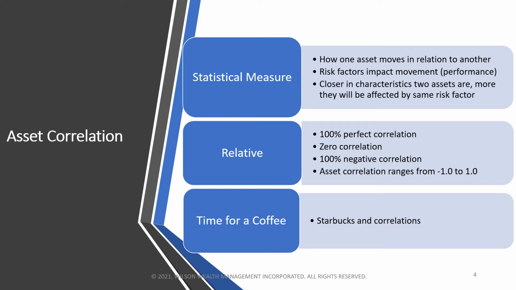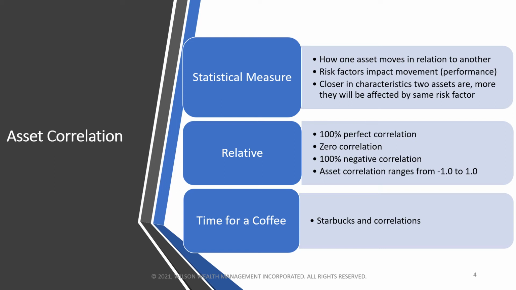So they'll probably range from -0.4 to +0.8 or 0.9, in that range on both sides of zero. And the idea is when you diversify, the lower the correlation, the better the diversification, because risk factors will have different impacts on two different negatively correlated investments.